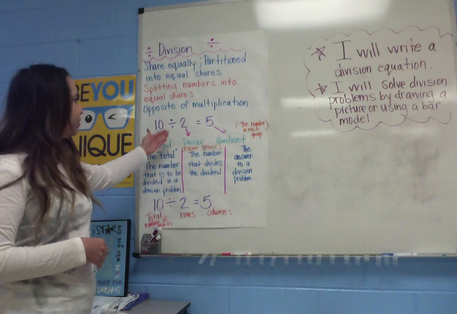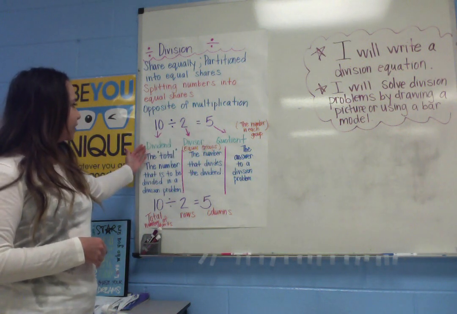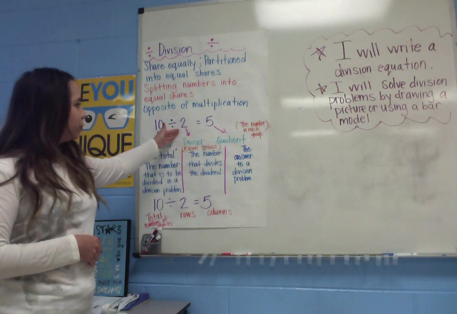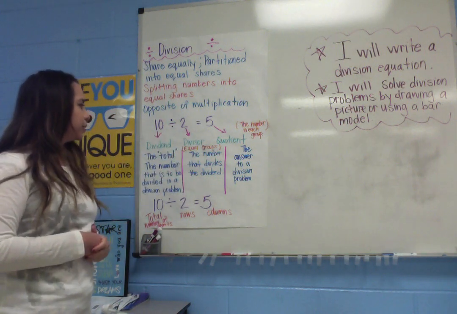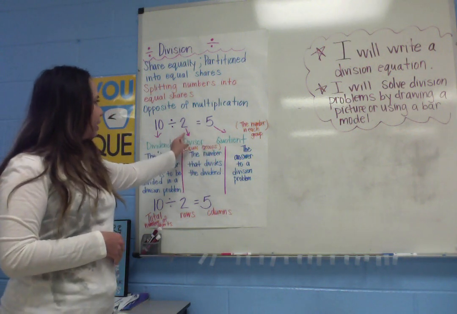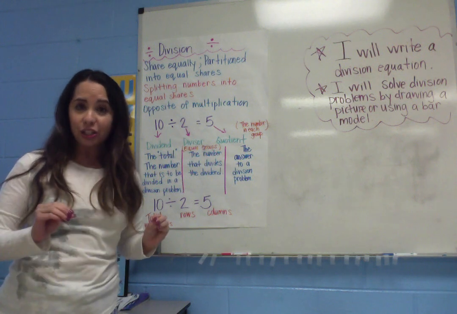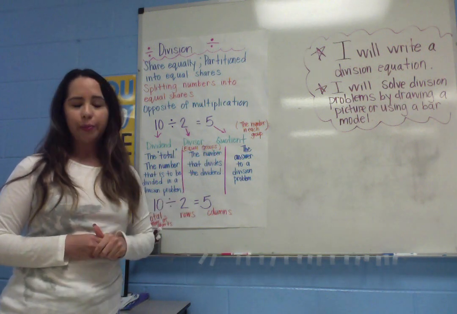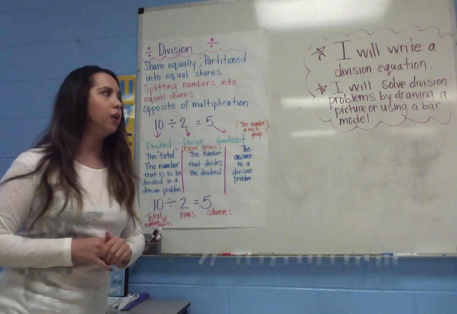So 10 divided by 2, 10 is divided into 2 groups. Normally this number represents equal groups. As you can see, the answer, so 10 divided by 2 equals 5, the answer to a division problem is called the quotient. We know the answer to a multiplication problem is called the product.